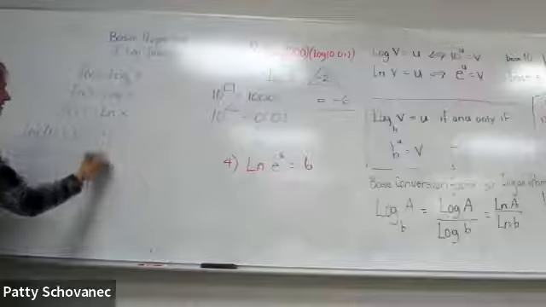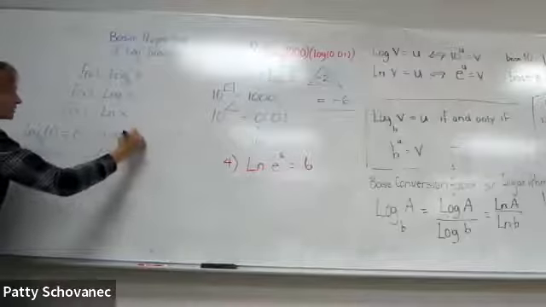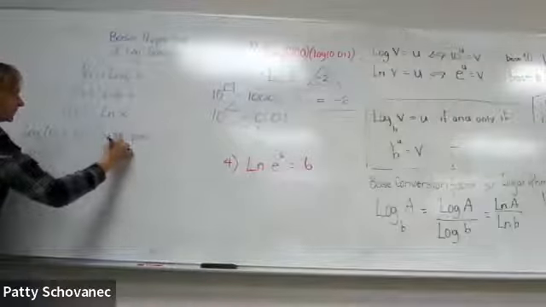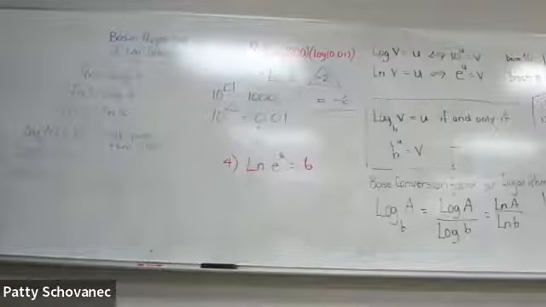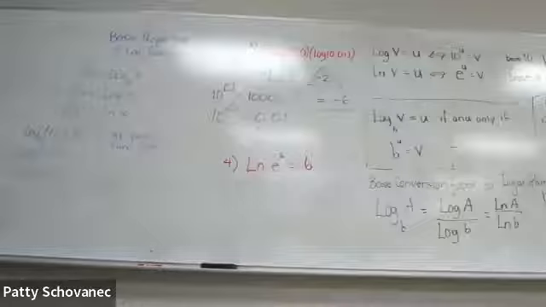So that says that all log functions pass through the ordered pair x is 1, y is 0. These things have as their domain all positive values of x. There's no such thing as a log of 0. There's no such thing as the log of a negative number. Because remember, these have as their domain the set that was the range of the exponential functions.